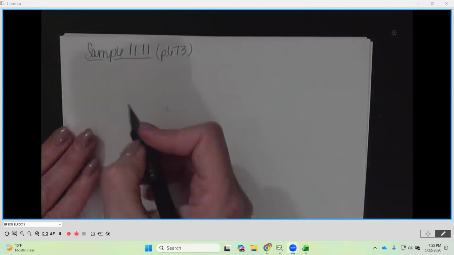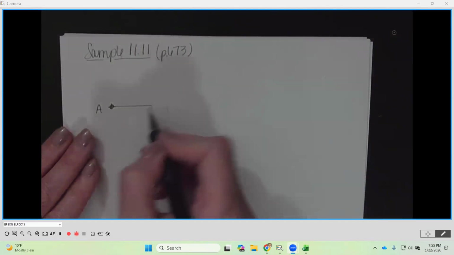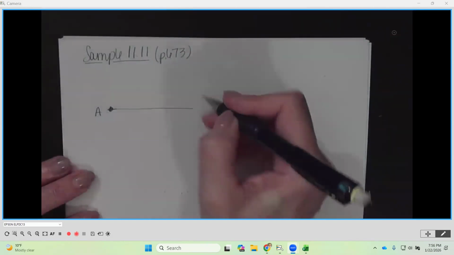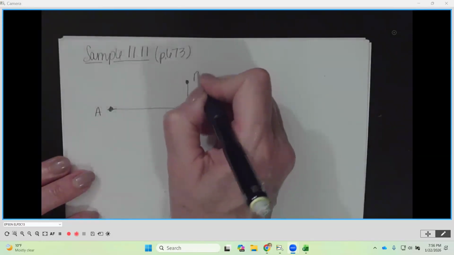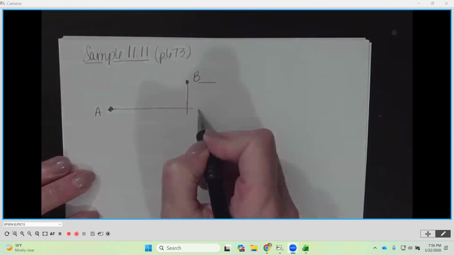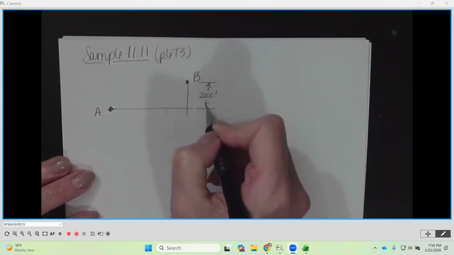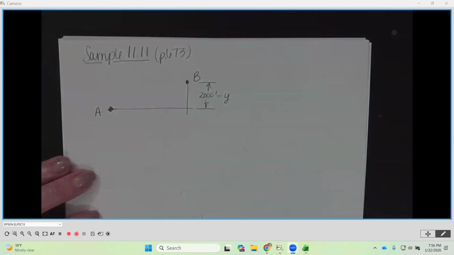So I am going to put a little illustration here. It's going to be point A, and here we've got a horizontal line that goes all the way over here, and we're going to go up to point B, which is our target. We know that distance is 2,000 feet above, and that is going to equal our y distance.